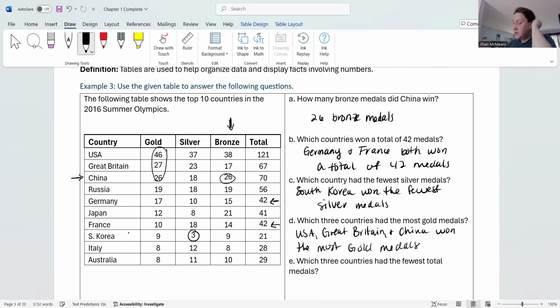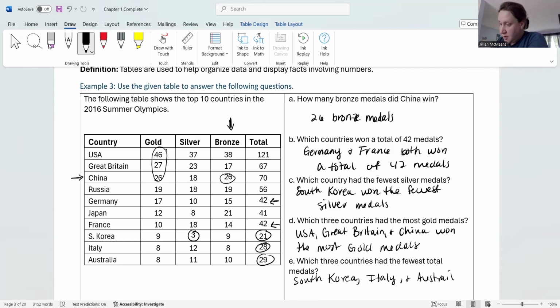All right, finally, for example 3, it says which 3 countries had the fewest total medals? So we want to go to the totals column and find the 3 numbers that are the smallest. So that would be 21, 28, and 29. So these 3 countries right here. So South Korea, Italy, and Australia.